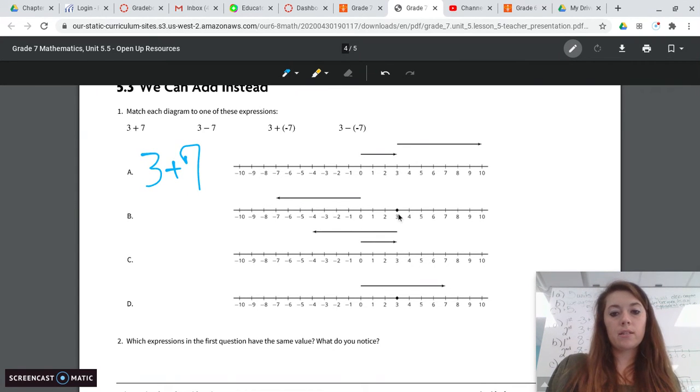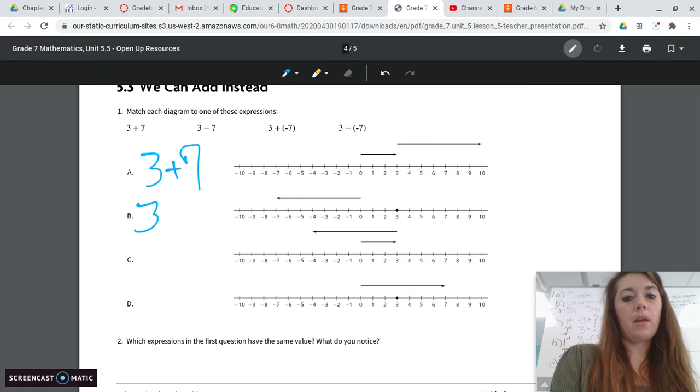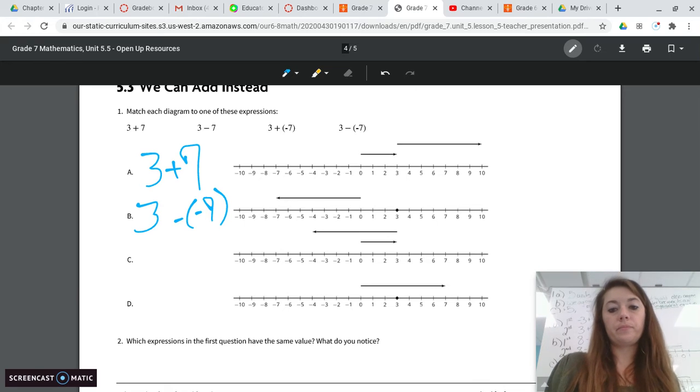Now this next one, we have negative 7, and we have a final answer of 3. So this would be our 3 minus negative 7. All right. For C, we have 3, and then we're going down to get to negative 4.